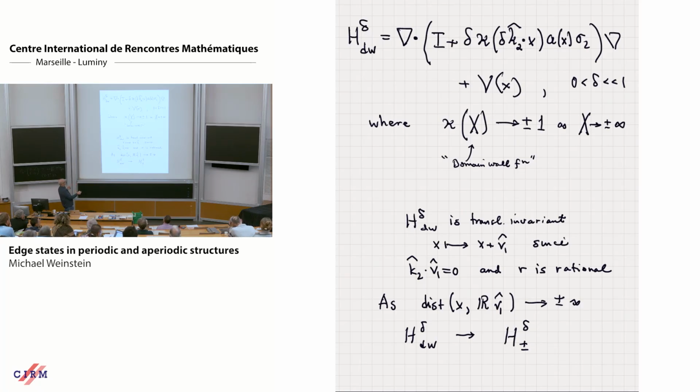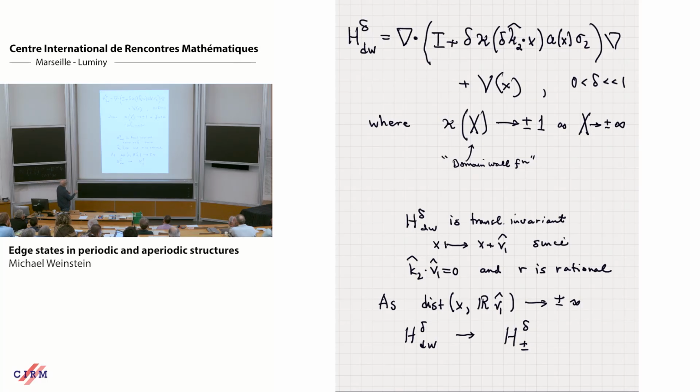It transitions between -1 and 1 as x, a slow variable, because there's a delta here, goes from minus infinity to plus infinity. Okay, so this is the type of Hamiltonian.